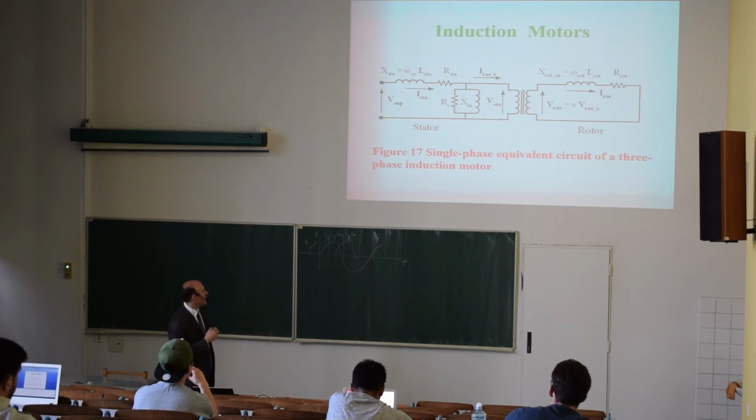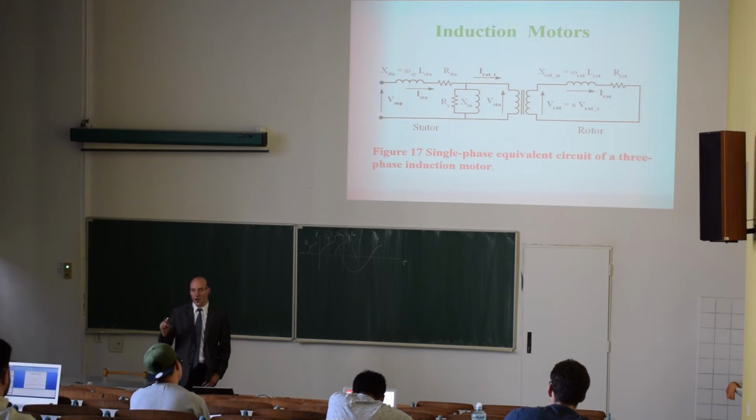So here you see the equivalent circuit diagram. This part here is what is representing the stator winding. And this diagram is only for a single phase, so in a three-phase circuit, you would have this 3 times.